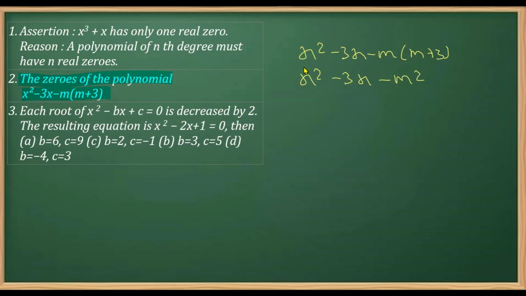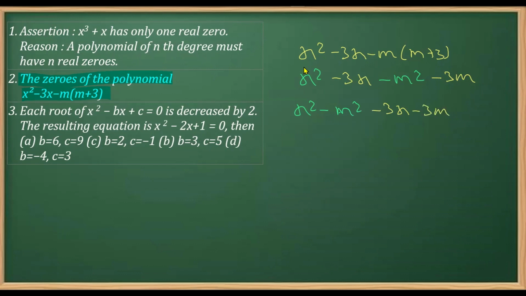If I open this bracket, minus m into m is minus m squared and minus 3 times m. Now what I can see is that this x squared and this m squared, we can frame an identity, that is applying a squared minus b squared, right? So let me write down first x squared minus m squared, and then I'll keep rearranging.